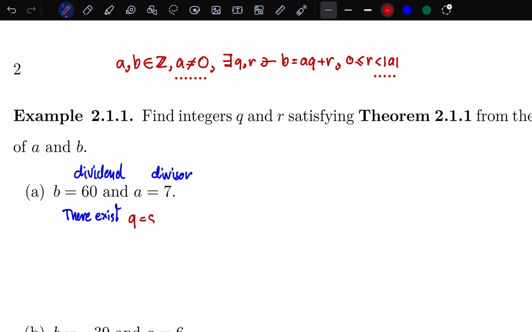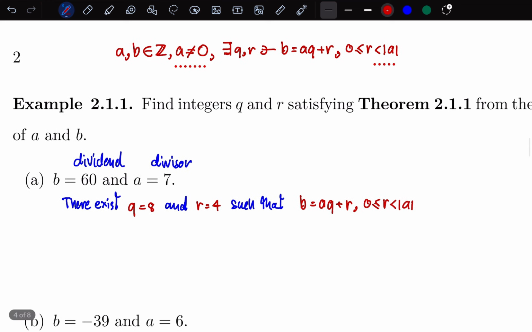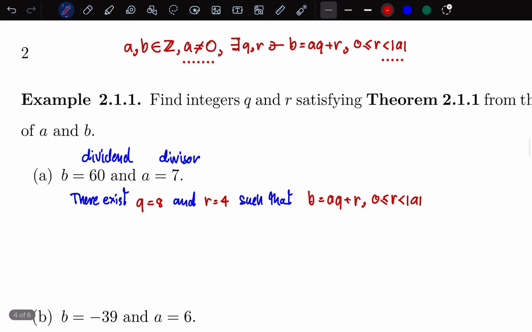So there exist Q equal to 8. Let's use 8. Why? Because 7 times 8 is 56. And R is 4, such that B equals AQ plus R, where R is greater than or equal to 0, less than the absolute value of A. Okay, so let's plug in the values.